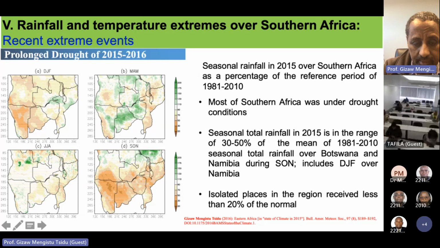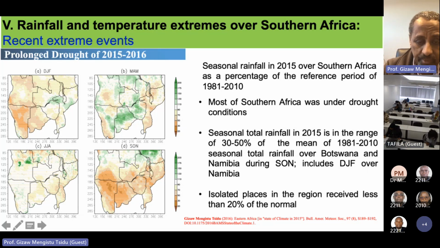Again here, the deficit goes well below 20%. So the rainfall received in 2015 was below 20% of the normal rainfall for the period 1981 to 2010. So this has a very severe impact.